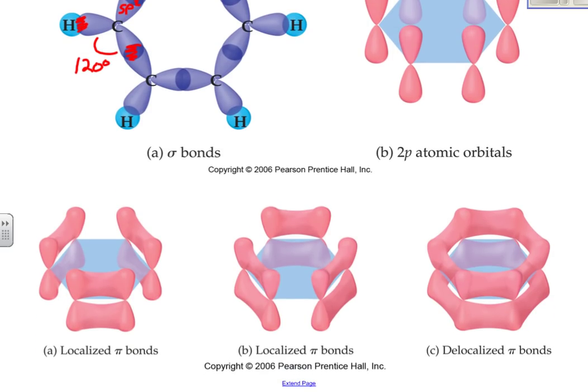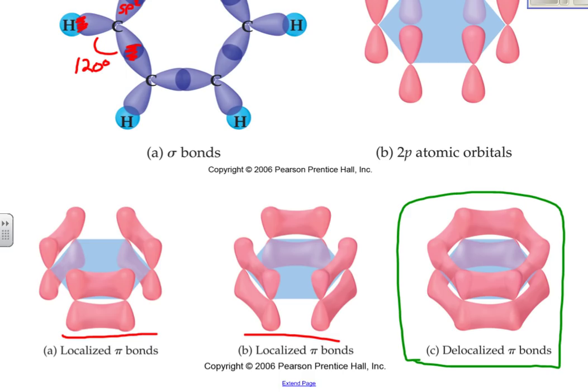We then apply the idea of pi bonding, where there's overlap on the top and the bottom. But instead of looking at it as resonance, as in the 2 pictures on the left, A and B, we realize that what's really happening is picture C here, where all of those orbitals are overlapping on the top, above and below the benzene molecule.